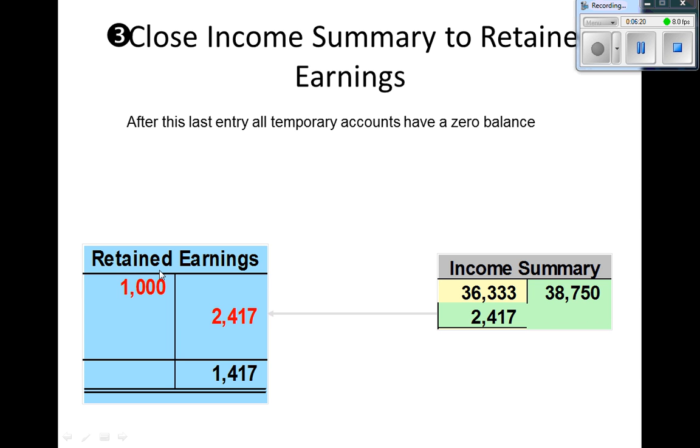So now our retained earnings balance, which began prior to the closing process with a debit balance of 1,000, we add in net income, and our new ending retained earnings balance of 1417 is what's reported on the balance sheet, and income summary at the end of this process has a balance of zero.